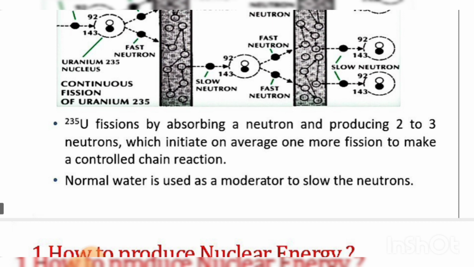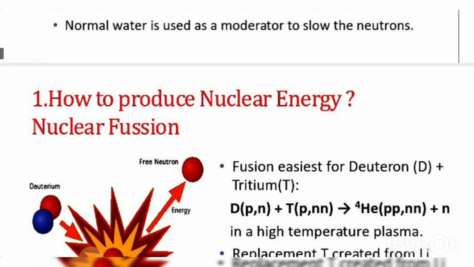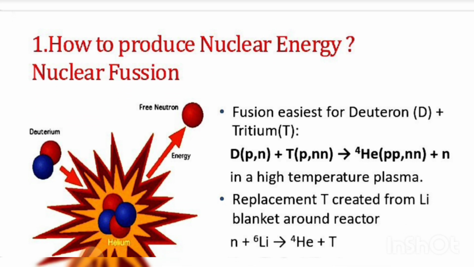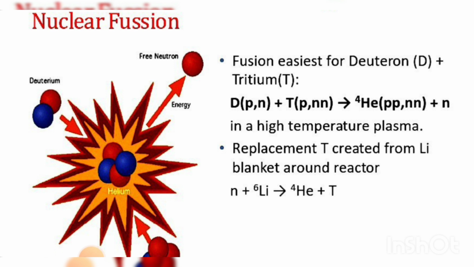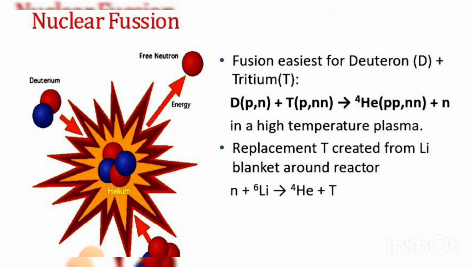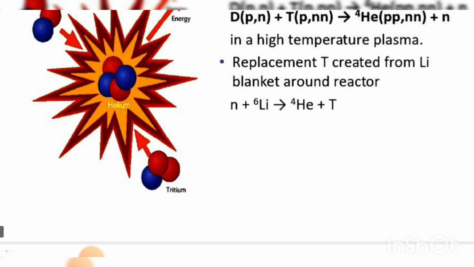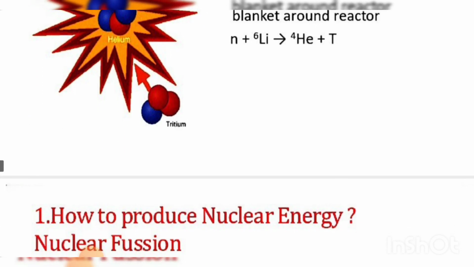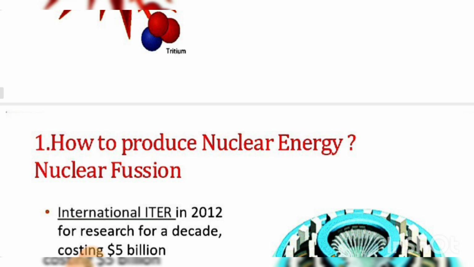So we can see how nuclear energy and nuclear fusion work. This is the main part of nuclear energy. When we use nuclear fusion, we can create heat as a form of energy. This heat can be used to generate steam in power plants.